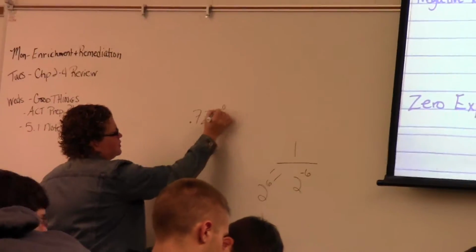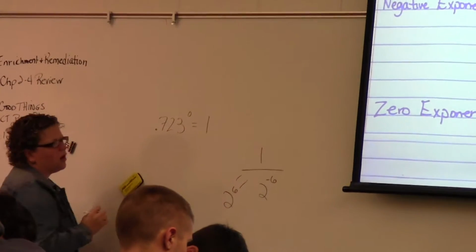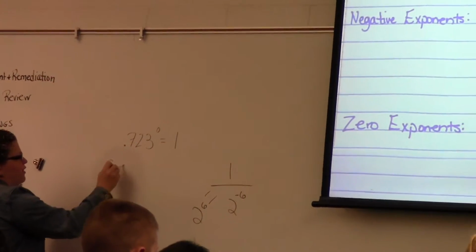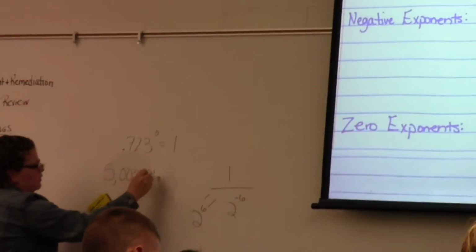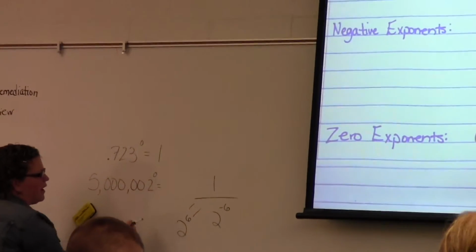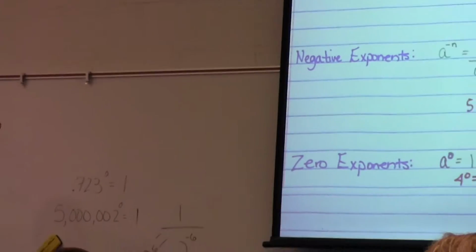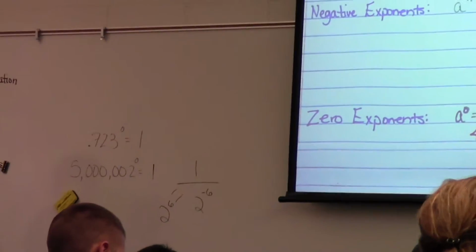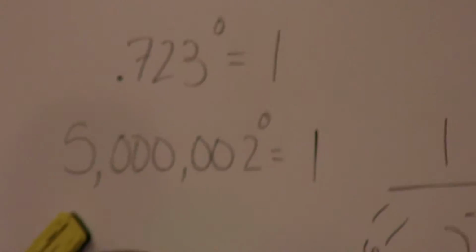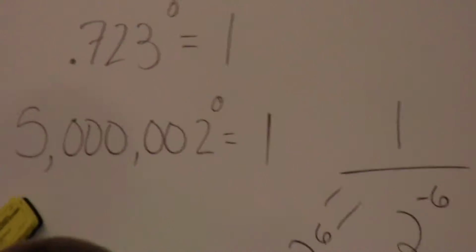It could be 0.723 to the 0 power is 1. 5,000,002 to the 0 power is 1. I love that property. Anytime you have anything raised to the 0 power, it just equals 1. Which is nice because it takes out a lot of ugly numbers and shortens our work significantly.